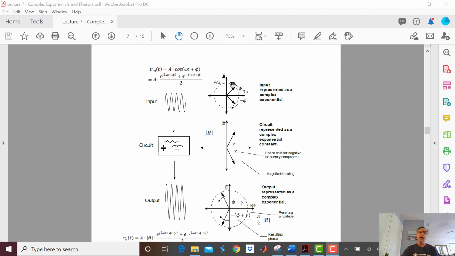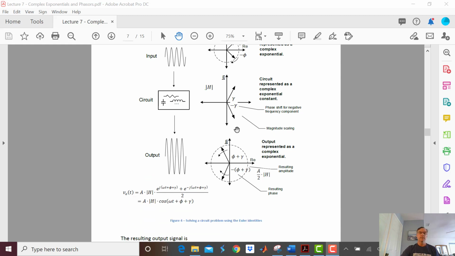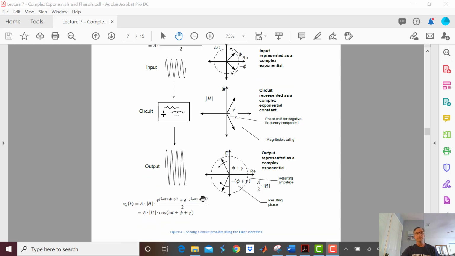So I'm going to take this signal and pass it through this filter. One thing I forgot to mention is that the amplitude scaling that the filter does, we're going to represent with just the absolute value of h.